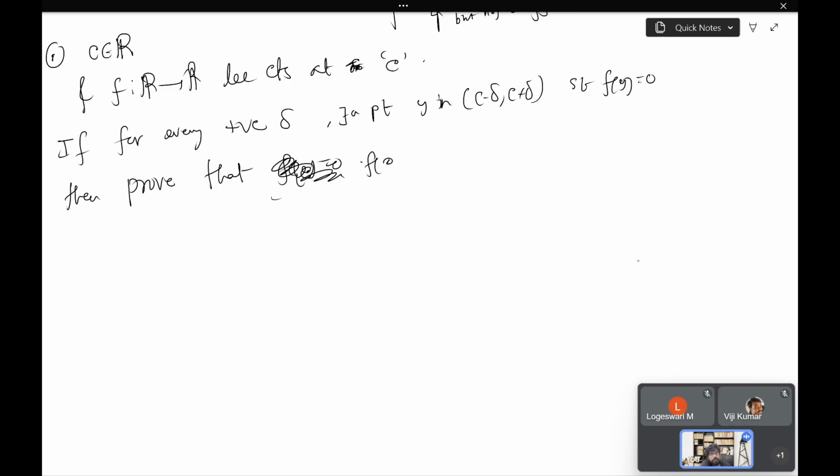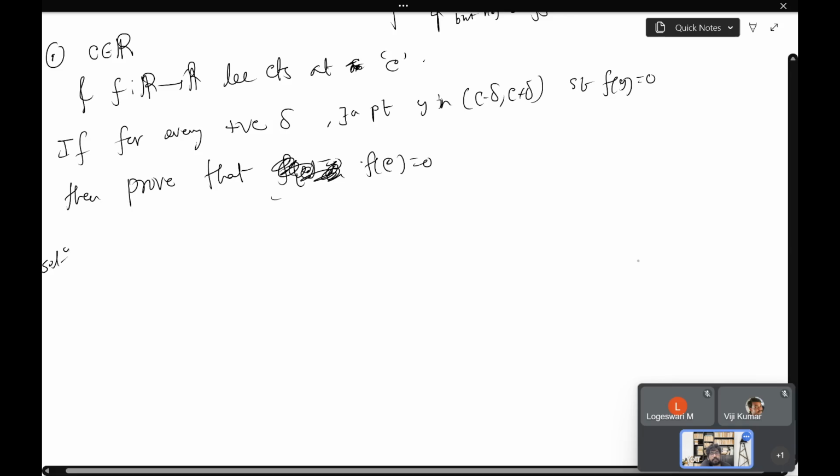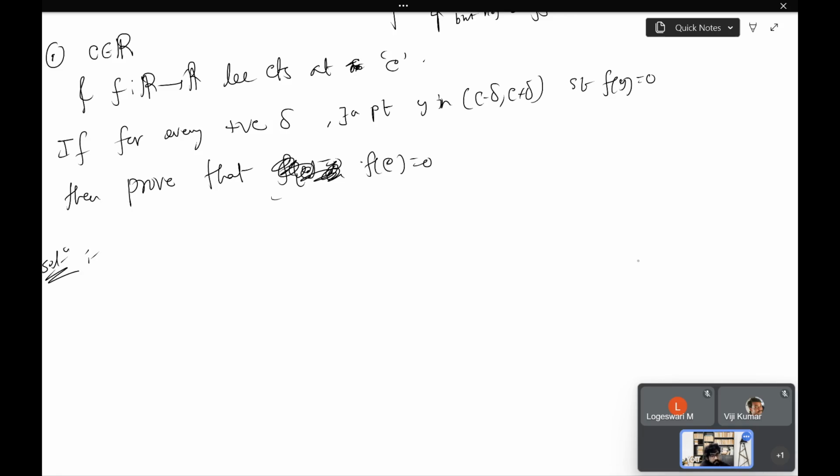Can you please try? Anyway, so suppose f(c) is not 0. This is by the method of contradiction.